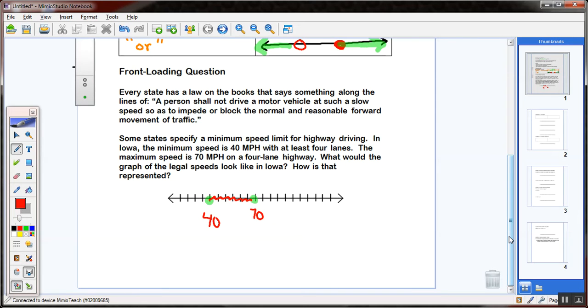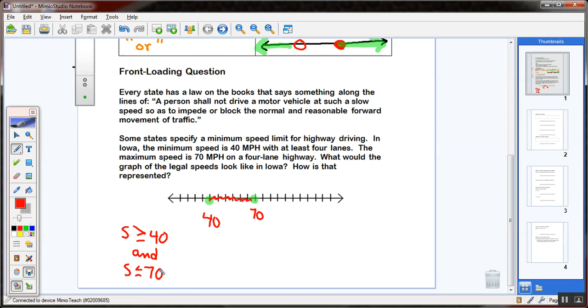You are going to write the following. You're going to say that our speeds, is it okay if I use S as a variable? We're going to say S has to be greater than or equal to what speed, kids? 40. And what else? Less than or equal to, I'm sorry? 70. Thanks, Maddie.